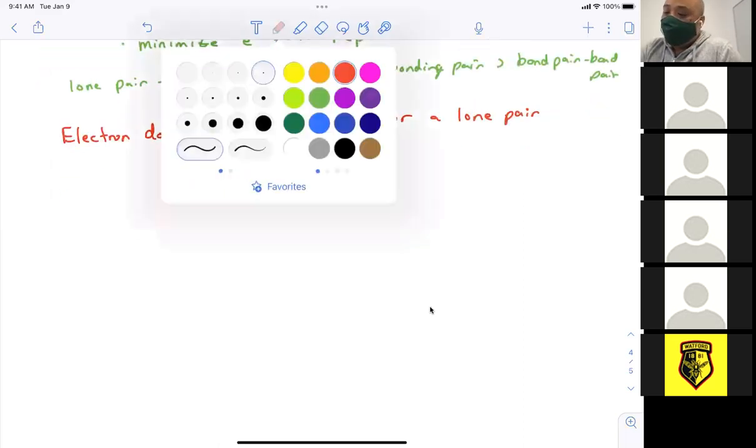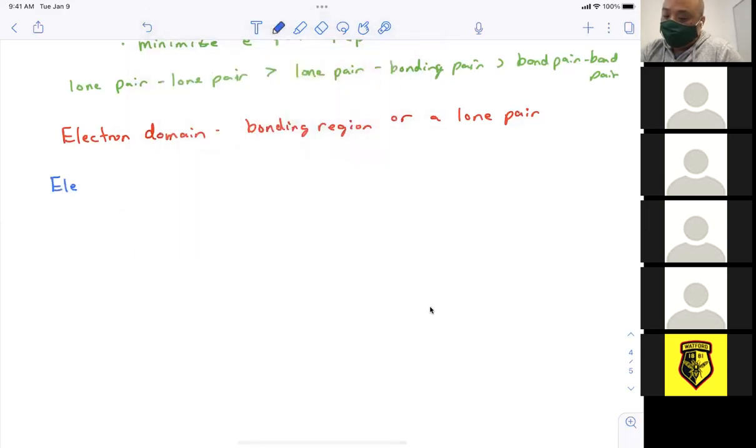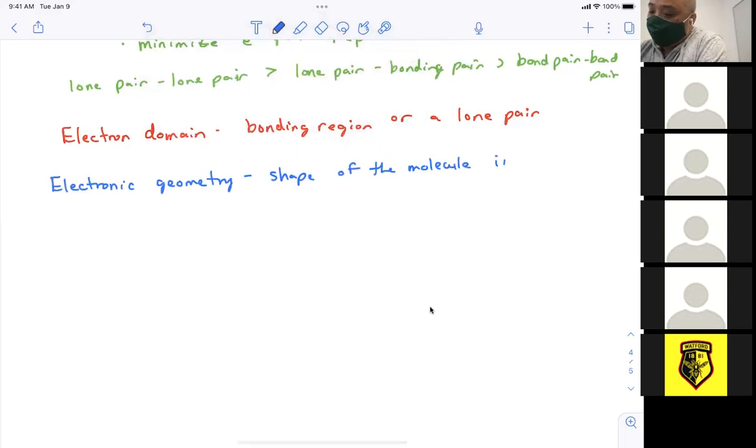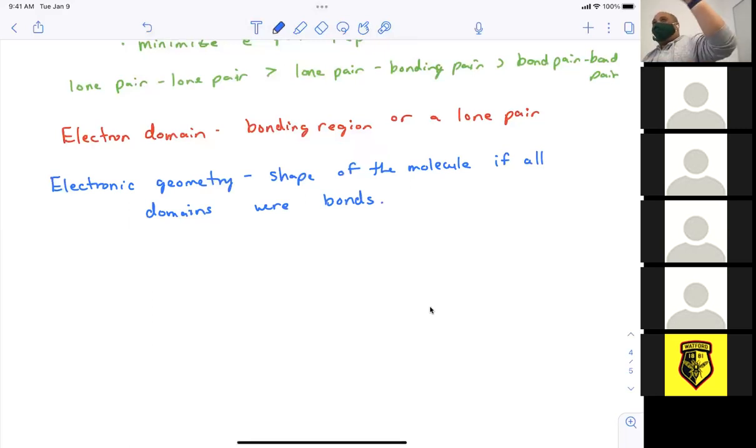Another terminology: electronic geometry. Electronic geometry is the shape of the molecule if all domains were bonds. So the electronic geometry is the shape of the molecule if you treat every pair of electrons as if it were a bond. They're equivalent.